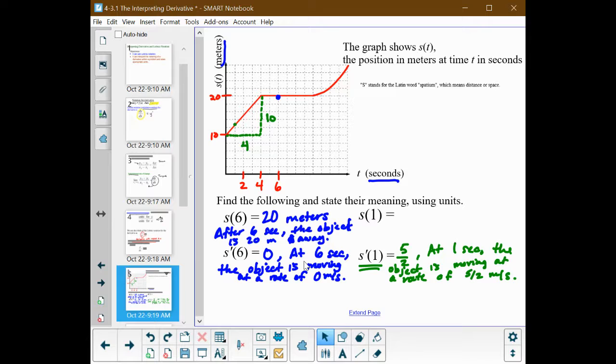So in this case, if every 2 seconds we're going 5 units, or we're moving 5 meters, that means after 1 second we're moving about 2.5 meters. So S of 1 would be 12.5 meters. And so our meaning here is after 1 second, the object, let's say, is 12.5 meters away.